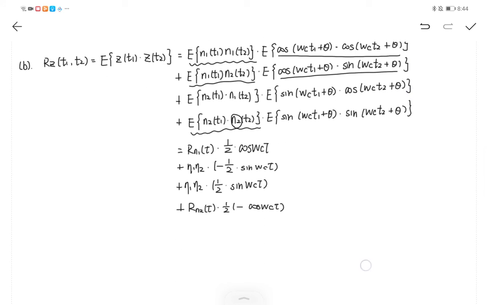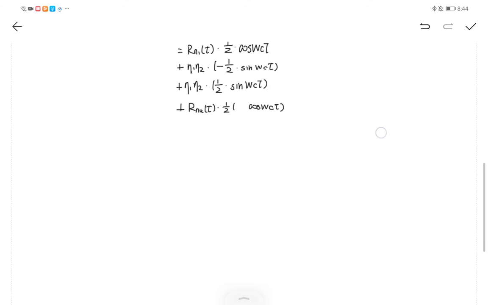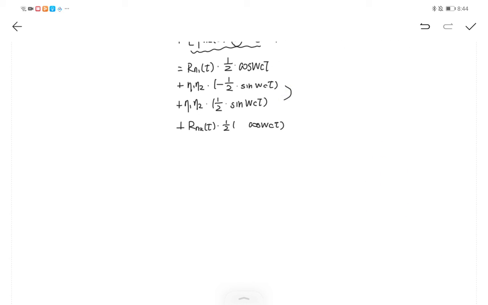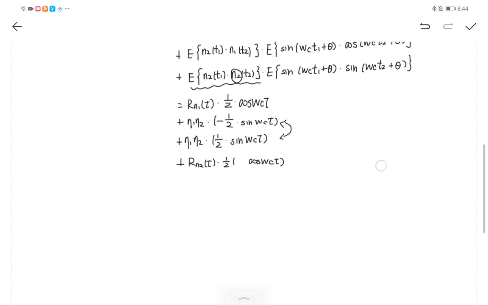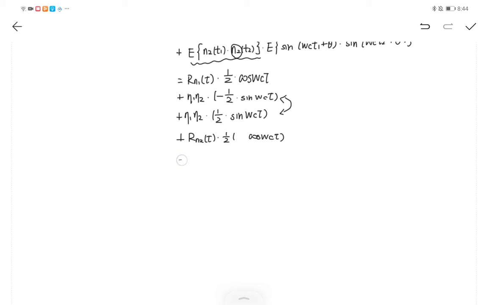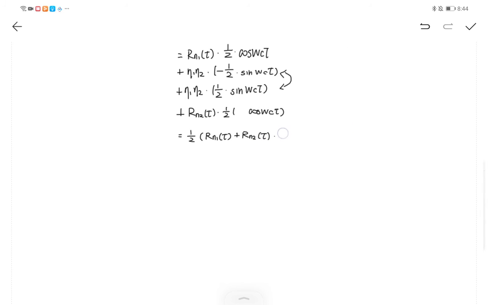Oh sorry, it's not minus, it's positive. Now we can find this and this add up to 0, so the result is 1/2 of R_N1(tau) plus R_N2(tau), and we should multiply by cosine(omega_c tau).